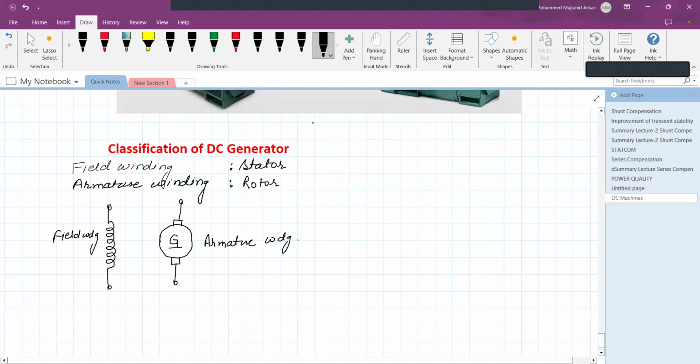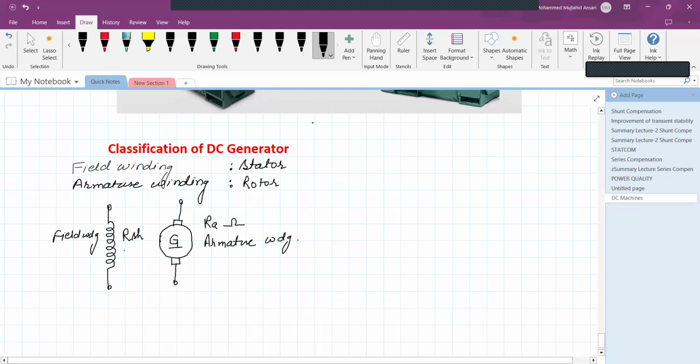Okay. So when there is an armature winding, there will be some armature resistance, Ra, in ohms. Similarly, the field winding is represented as RSH when it is connected in parallel with the armature winding, the shunt field resistance.